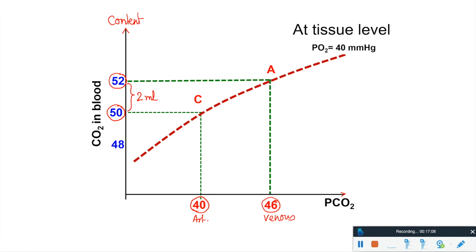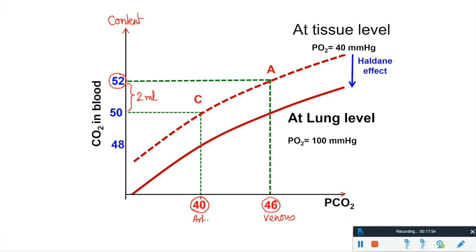But this is not the actual scenario. Remember, when oxygenation occurs, what happens? The dissociation curve shifts in a downward direction. This is the new dissociation curve position. This shifting occurs when there is oxygenation of hemoglobin at the level of the lung. So when the partial pressure of oxygen is 40, the curve is in an upward position, but when the oxygenation of hemoglobin is occurring, the curve shifts in a downward direction.